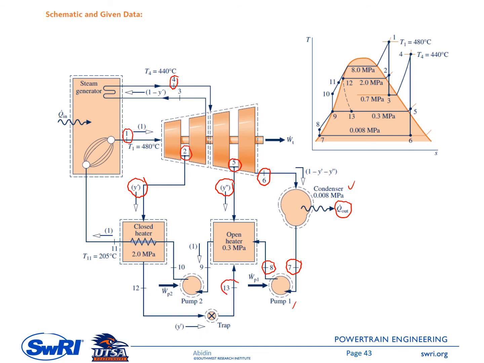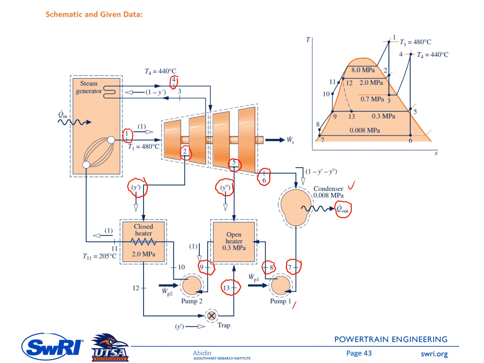This is step number 13. So the operating condition, which is the pressure, temperature, and mass flow of these three streams, is in such a way that at the exit of the open feed water heater, the fluid state is saturated liquid, represented by point 9.